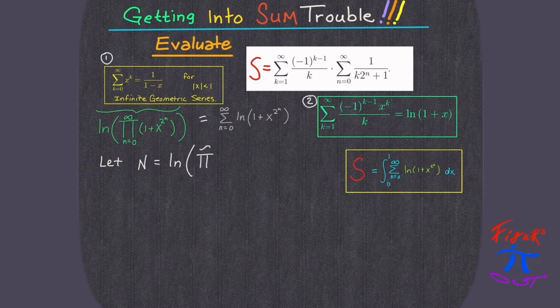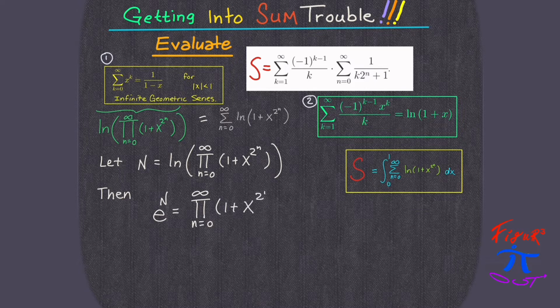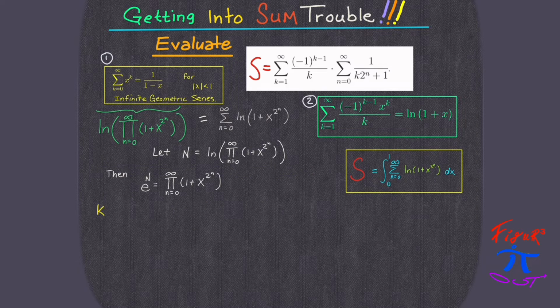So now let's let this infinite product be some kind of number, capital N. We can note that raising both sides to the exponential e, e to that power is that infinite product there. So we narrow down what the insides of that natural logarithm are going to do, and we're going to see if we can evaluate that.